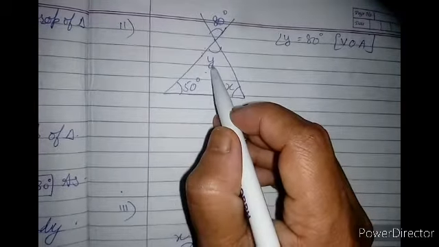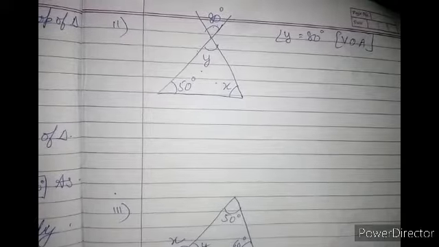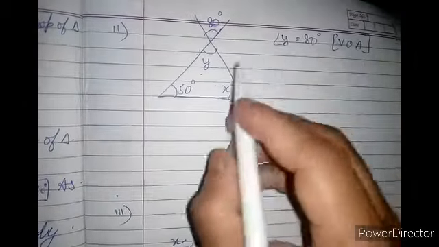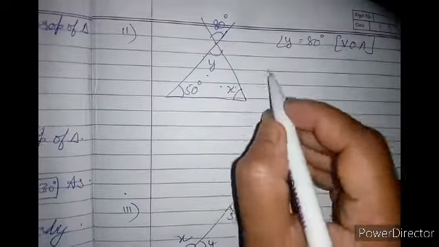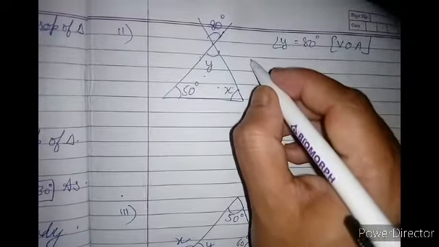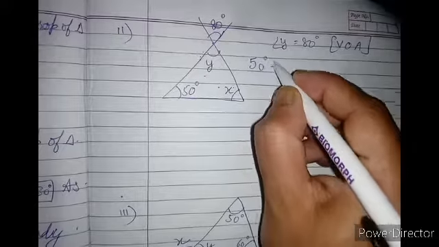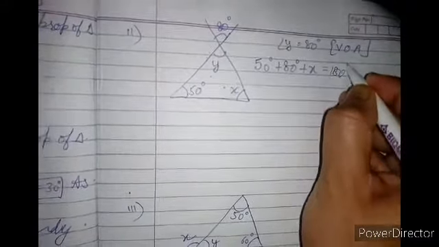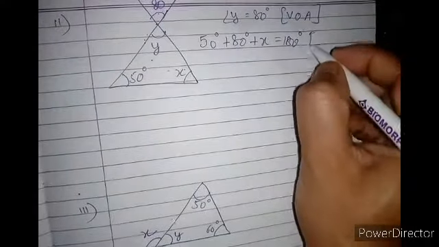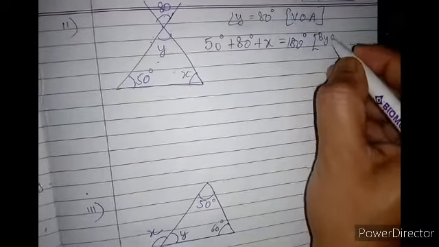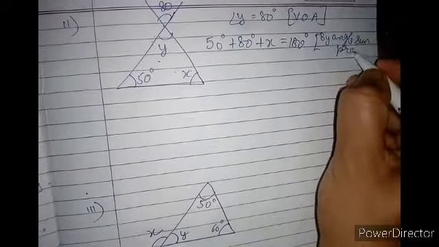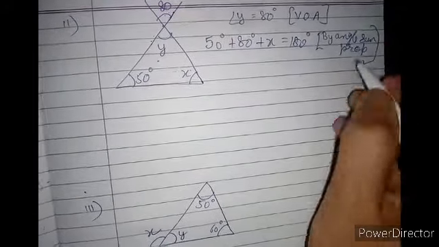Why are 80 and y equal? Because of vertical opposite angle. So y is 80 degree. Now you can apply the angle sum property of triangle: 50 plus 80 plus x is equal to 180 degree. Clear?